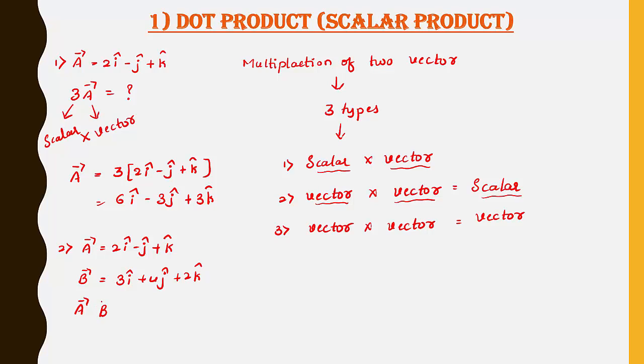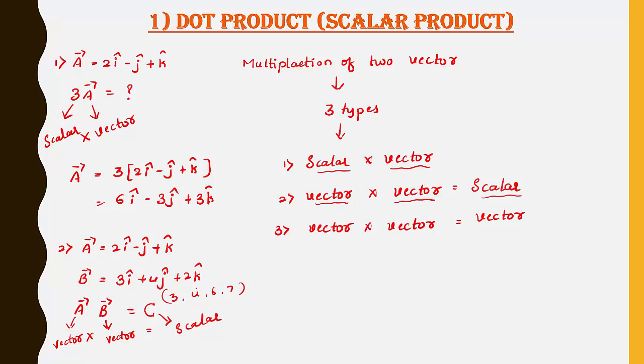Vector A into vector B is equal to, whatever the answer we get, this is a scalar. I am going to write it as, for example, the answer C. Vector A is a vector, multiplied with vector B, which is also a vector. Vector multiplied with vector, but the result we got is a scalar. That means we will get some numbers like 3 or 4 or 6 or 7. So these are what? Scalar quantities.